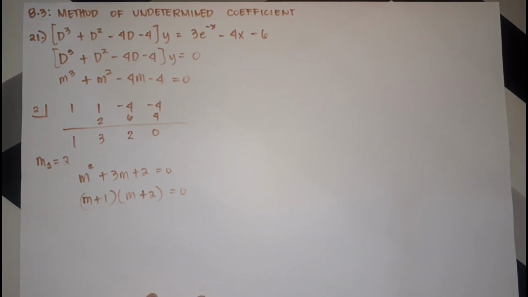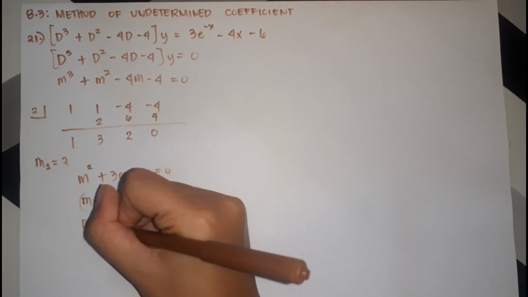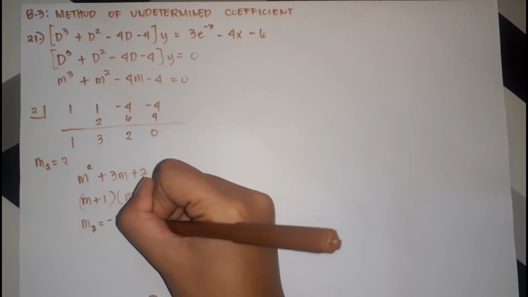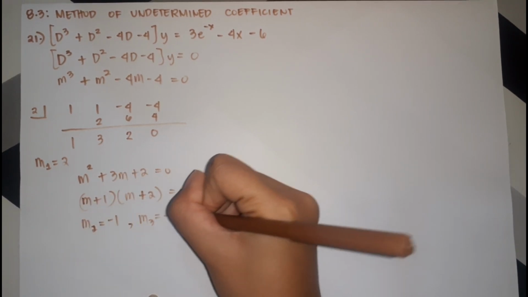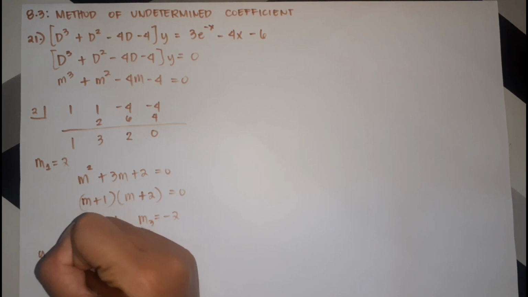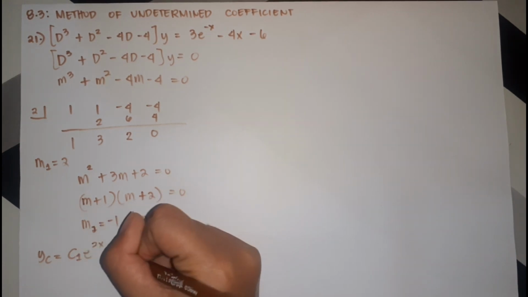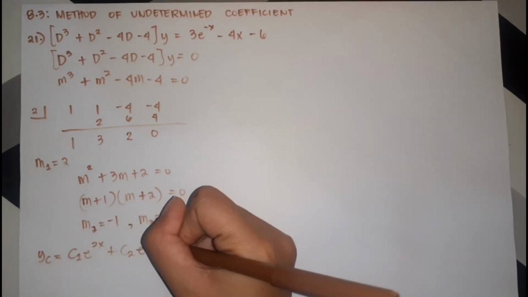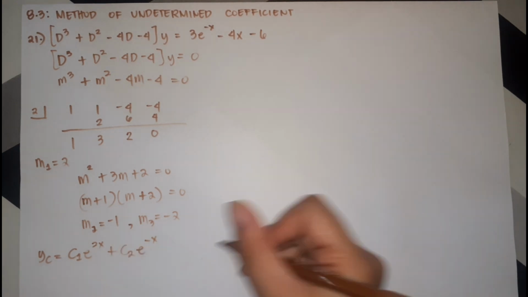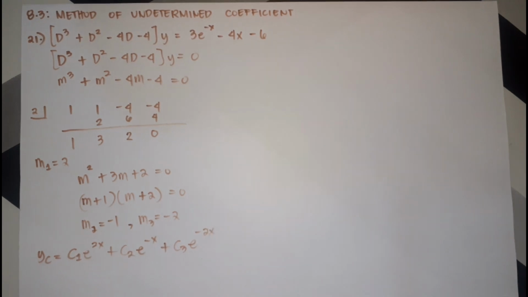So the other roots are m sub 2 equals negative 1 and m sub 3 equals negative 2. Therefore, our complementary solution will be y sub c equals c1 e raised to 2x plus c2 e raised to negative x plus c3 e raised to negative 2x. This will be our complementary solution.